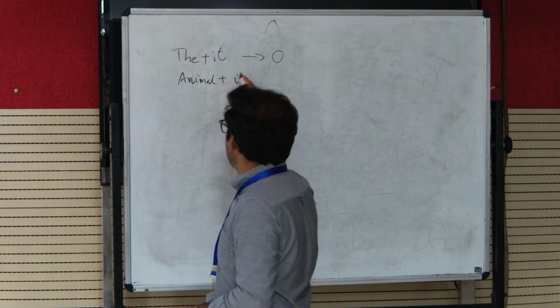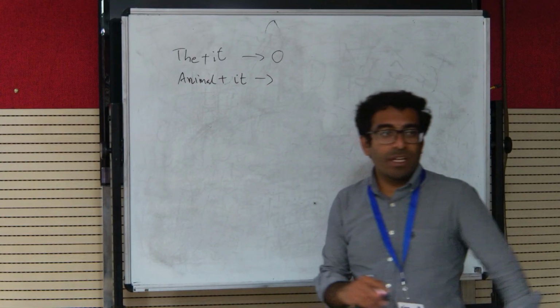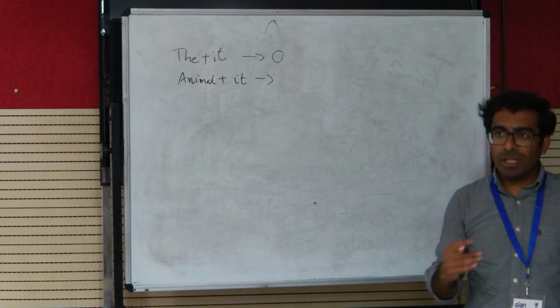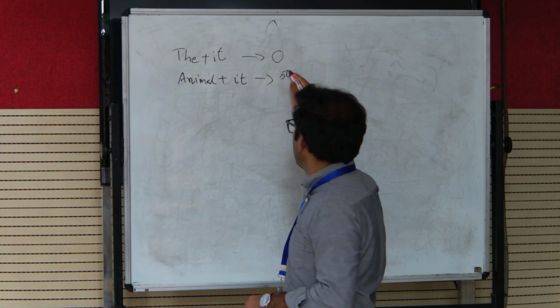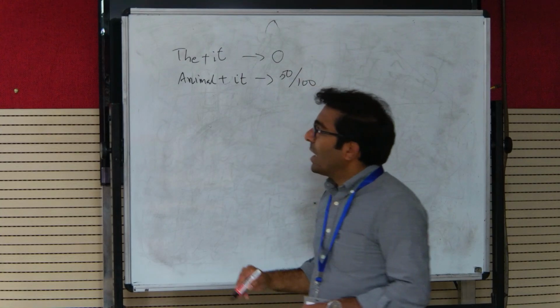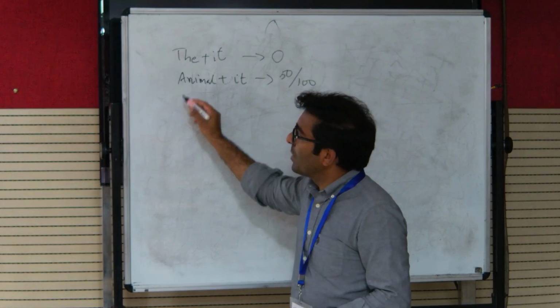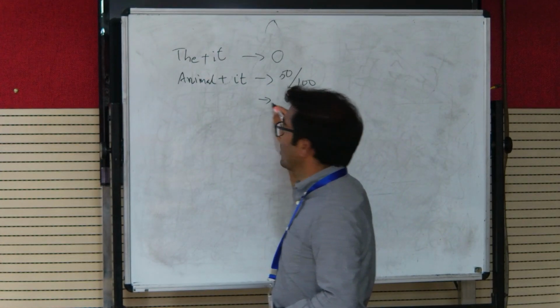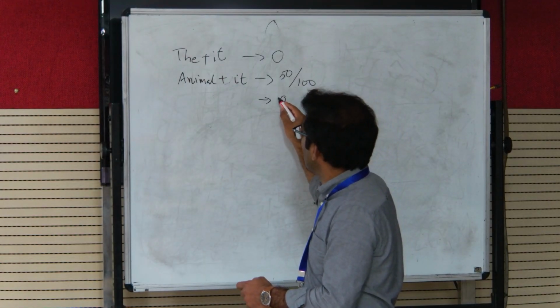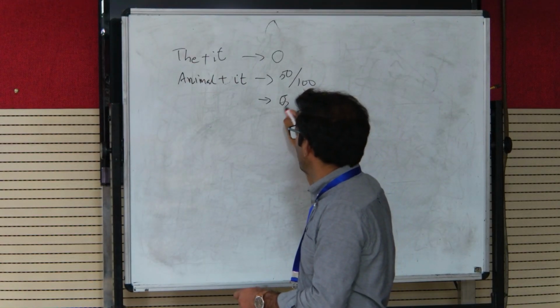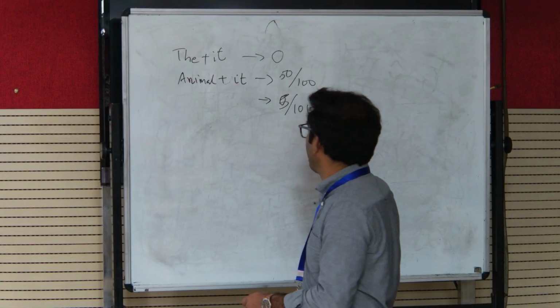Animal plus it. Maybe I have read that at least 50 times in 100 books, going by the rough probability estimation. So 50 out of 100. And then the next one is "it" plus "it." Let's give a small probability, right? Let's say 5 out of 100.